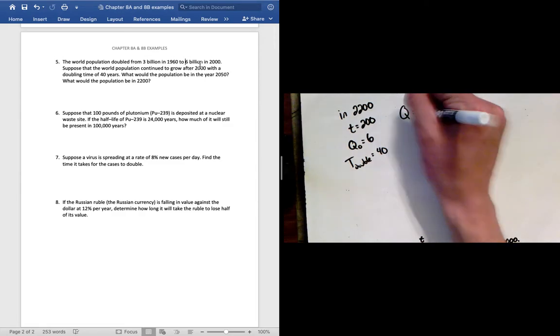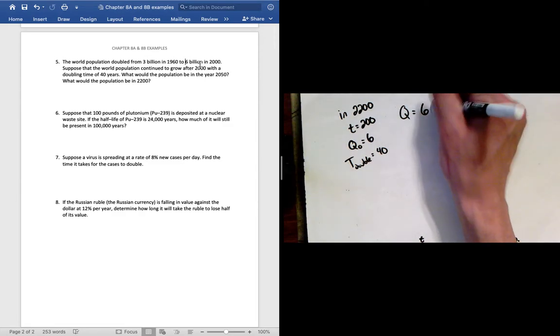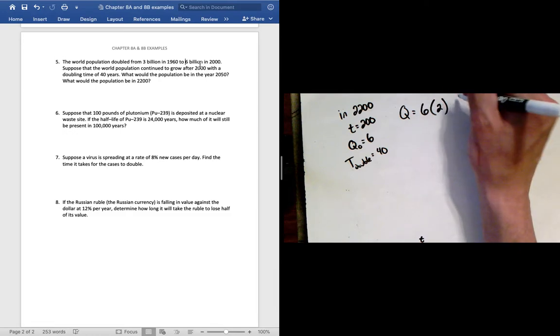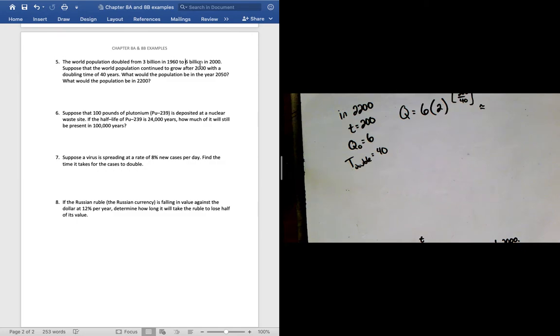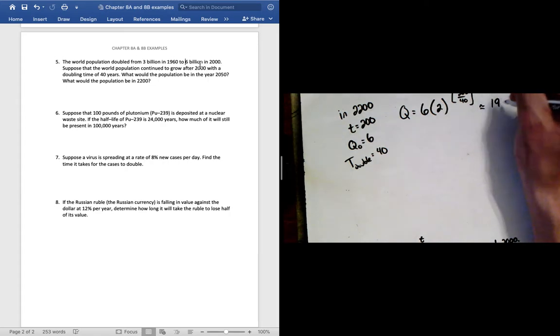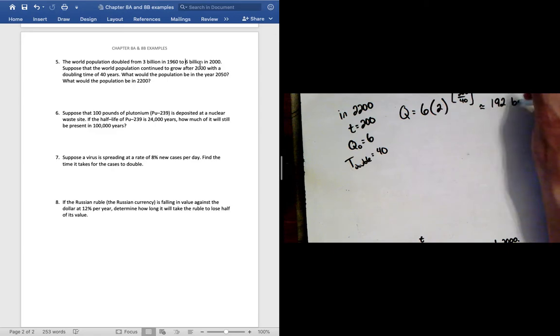We have Q is equal to our starting value 6 times 2 raised to the 200 over 40. In my calculator, I plug in and I get 192 billion people, which is not possible.